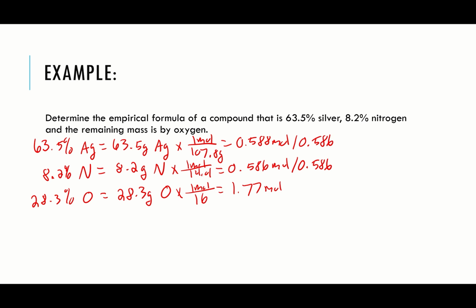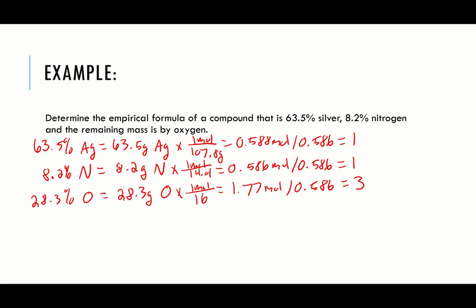At this step, we want to round these ratios to the nearest whole number or the nearest multipliable factor. When I take 0.588 divided by 0.586, that more or less comes to 1. Of course, the number divided by itself is going to be 1. And lastly, 1.77 divided by 0.586 comes close to being 3.